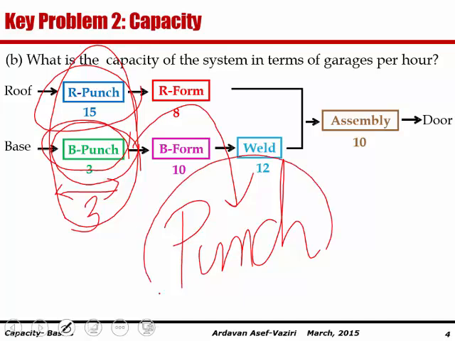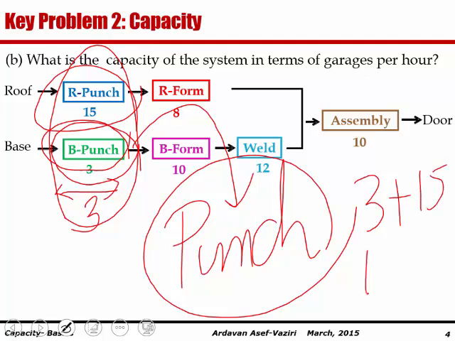But the unit load of the punch resource was 3 plus 15, which is 18 minutes.